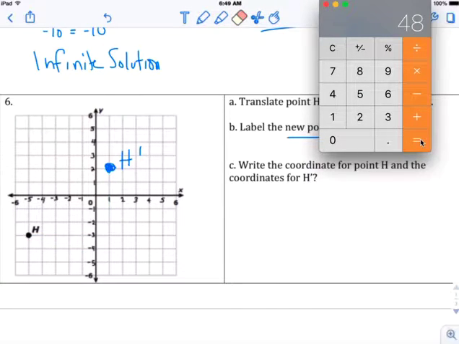Erase this one. Write the coordinates for point H. You always go along the x-axis. Here's the x. Tick, tick, tick, stop before we turn. That's a negative 5 along the x.